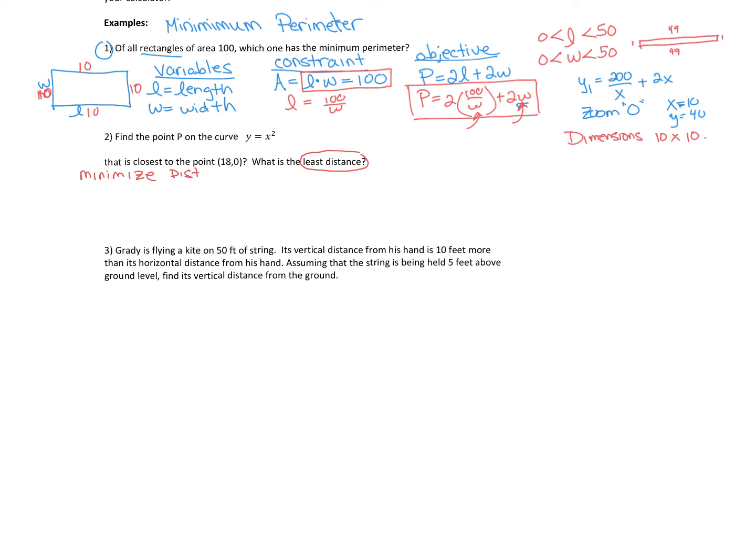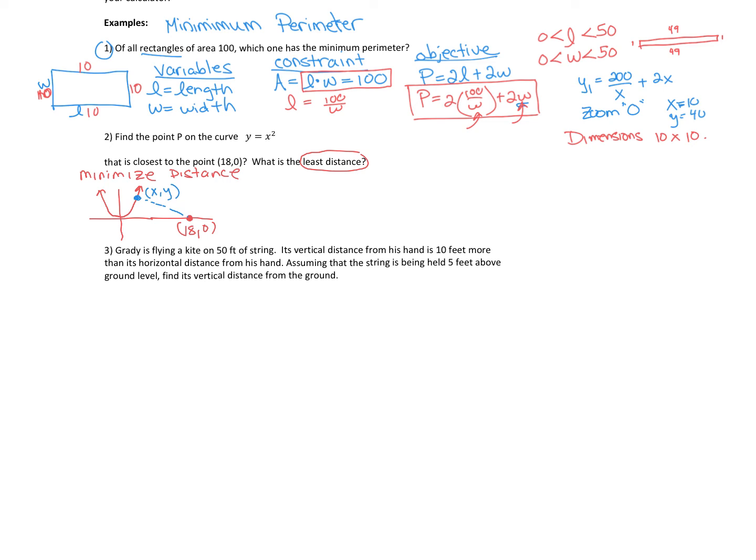And to wrap my head around this, I'm going to make a small sketch of x squared and the point (18, 0), and then think about how do I minimize that distance. We don't know what point it is.